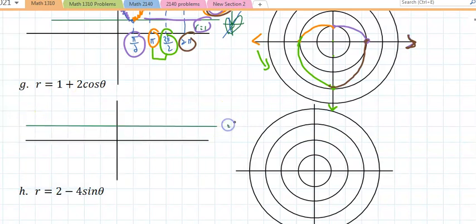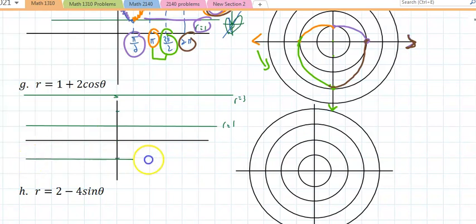And make sure you label that. 2 units above, that's r equals 3. And 2 units below, that's r equals negative 1. A graph of a cosine wave starts on the amplitude, runs down to the amplitude, back up to the starting point, and we're done. And there it is.